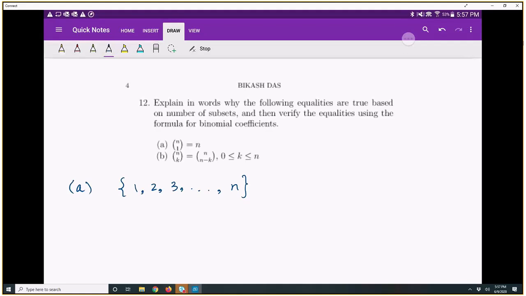And I was trying to find all of the subsets that contain only one element. Well, I could have singleton 1, singleton 2, singleton 3, and all of the numbers in between until I got to singleton n.